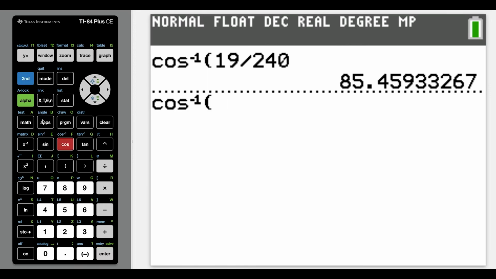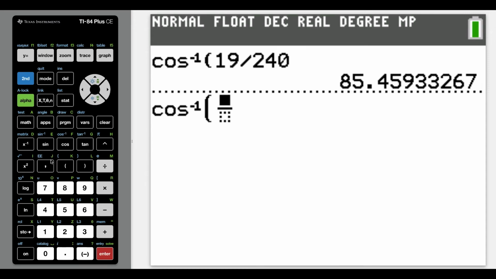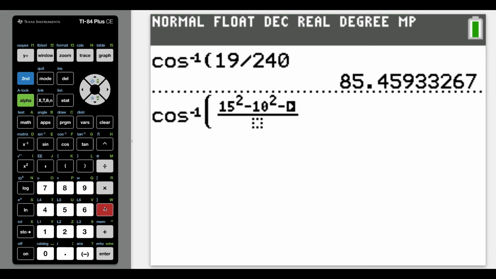So we have cosine inverse, and we're going to write in a fraction here. I pressed alpha y equals enter to pull up a fraction. So we have p squared, which is 15 squared. And then minus r squared, which is 10 squared, and then minus q squared, which we replace with 12 squared.